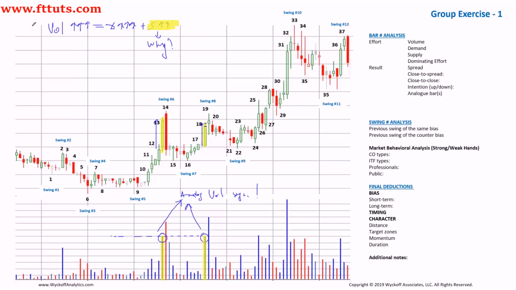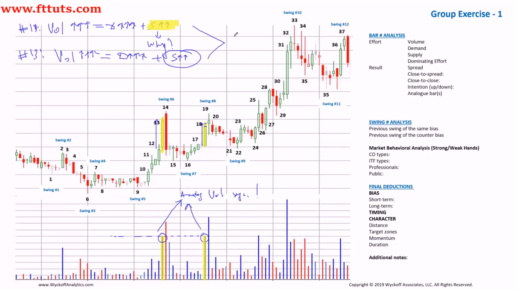So, if this is bar number 18, then let's quickly write the volume equation for bar number 13. So we have the volume increase, we have the demand increase, as we said, and we definitely said that there is supply increase. Where do you think supply is increasing more?